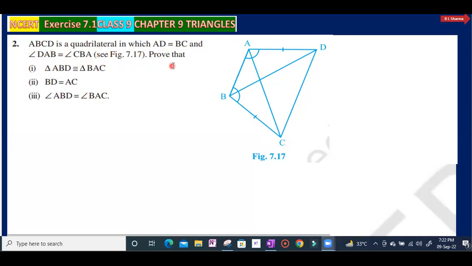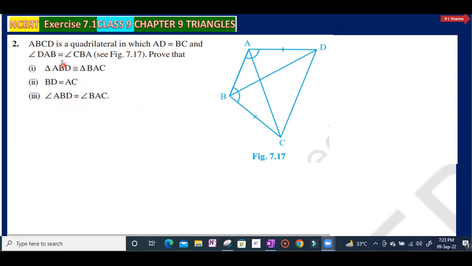Then we have to prove that triangle ABD is congruent to triangle BAC, then BD is equal to AC, and then again angle ABD is equal to angle BAC. Students, when we have to prove sides equal or angles equal, we try to prove it by CPCT. For CPCT, it is necessary to prove two triangles congruent.